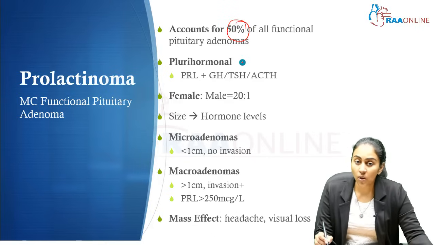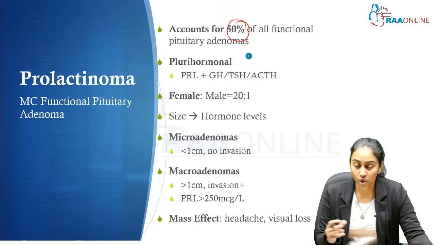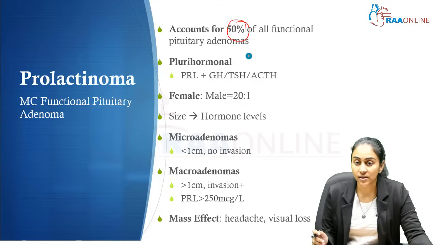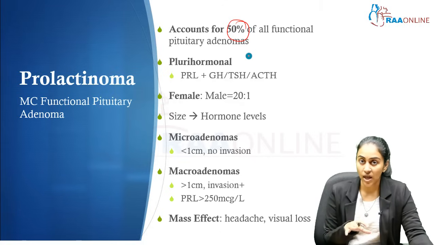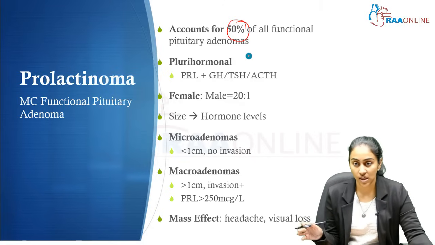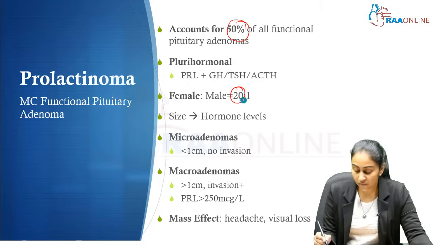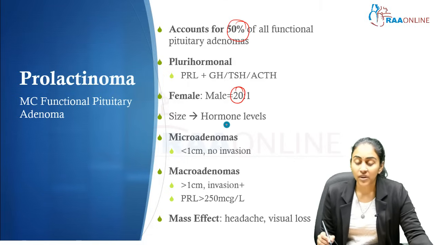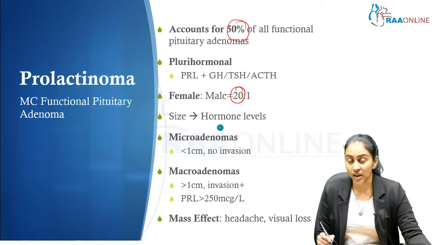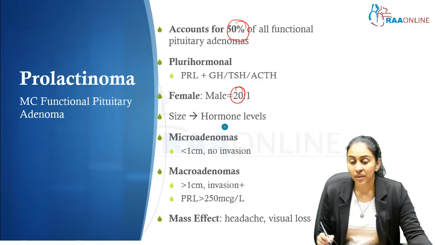Now, prolactinoma can be part of a plurihormonal tumor, in which case there is going to be a mixture of prolactin hypersecretion along with hypersecretion of either growth hormone, TSH or ACTH. This is more common in females than in males. Size usually correlates with the hormone level. So, the higher the hormone, the more likely that the size is large, as long as you are dealing with a prolactinoma.